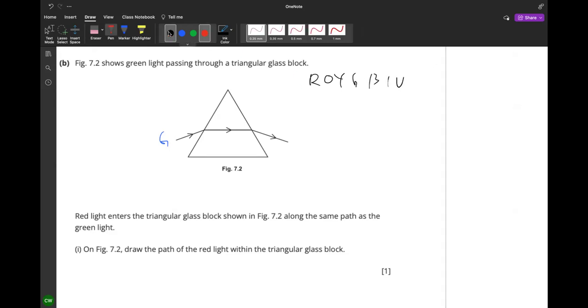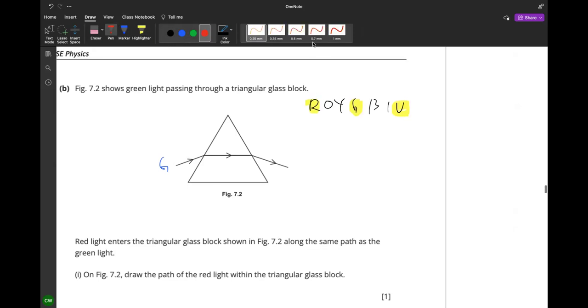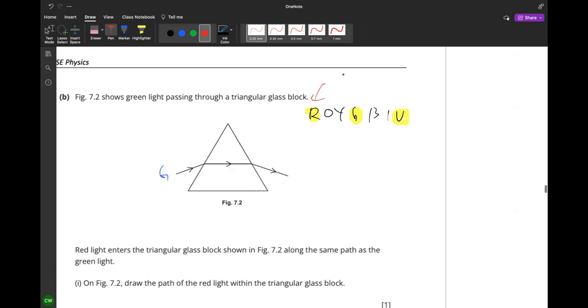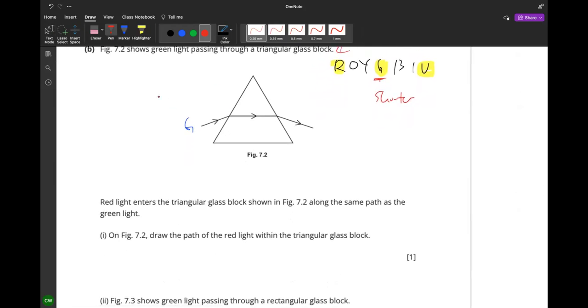Red color has the longest wavelength. When we compare the wavelength, do you know what wavelength is? This one has the longest wavelength, lambda. So this one has shorter. This one is similar to the one on the rainbow.